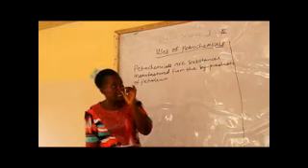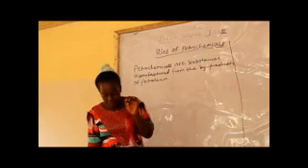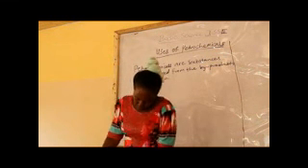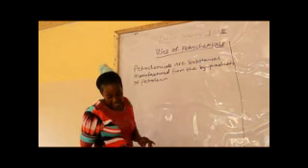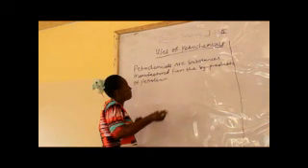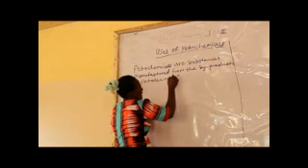We said that petrochemicals are substances manufactured from the byproducts of petroleum. They have many uses. They are used to produce many organic compounds. I will now begin to mention them for you.